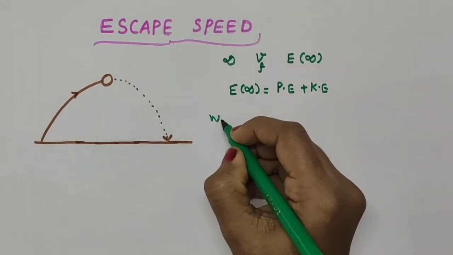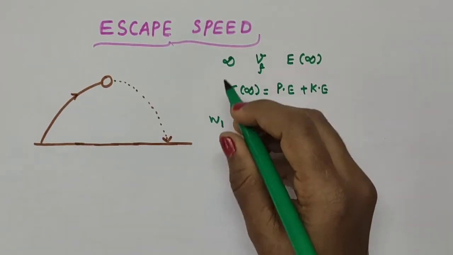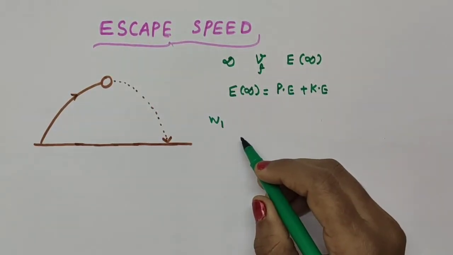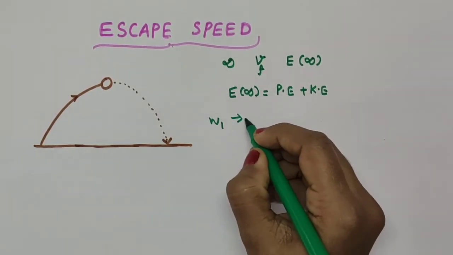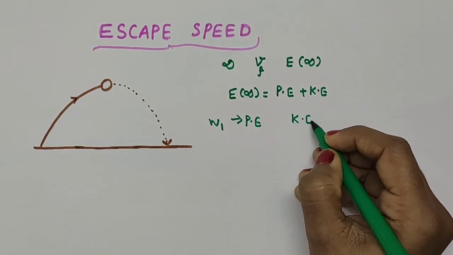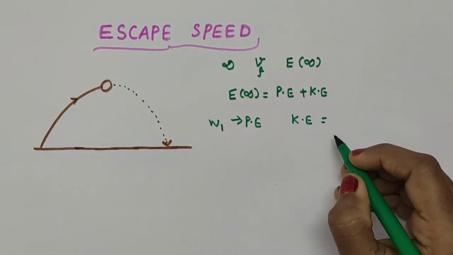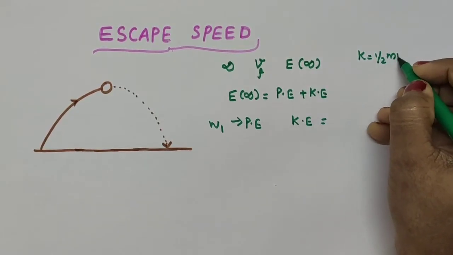Let W1 represent the gravitational potential energy at infinity. What about the kinetic energy of the object at infinity? We have the general expression for kinetic energy, which is half mv square.